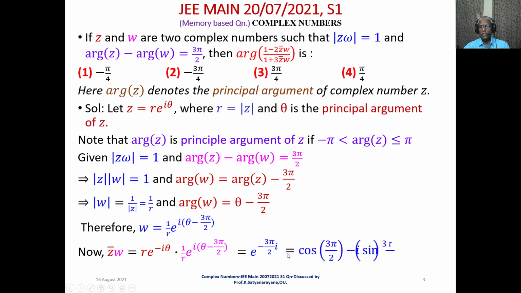Writing in the cis form, that is cos 3π/2 minus i sin 3π/2. Cos 3π/2 is 0, sin 3π/2 is minus 1, and minus 1 into minus i is i. So Z bar W will be i. We continue in the next slide.